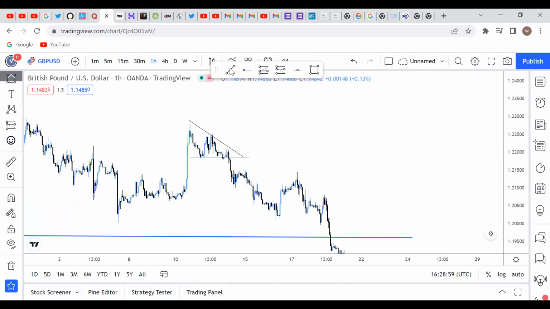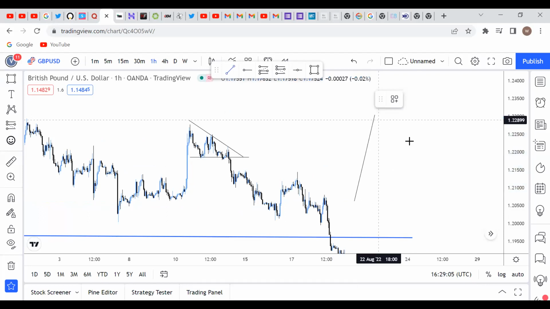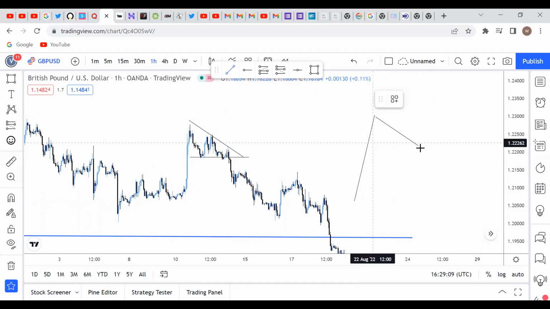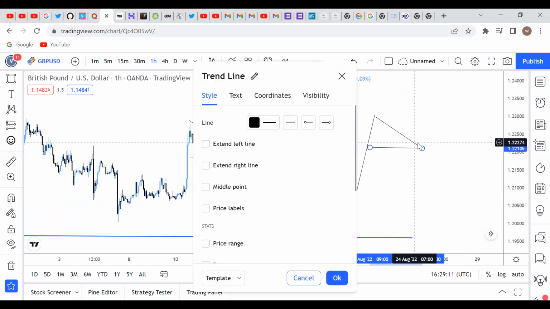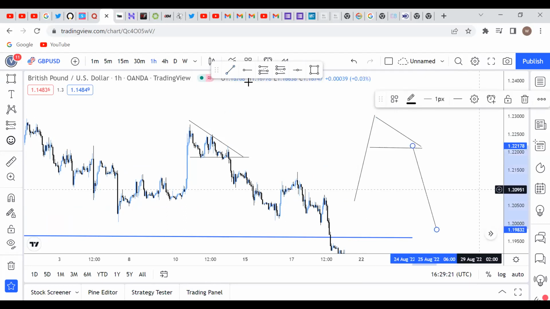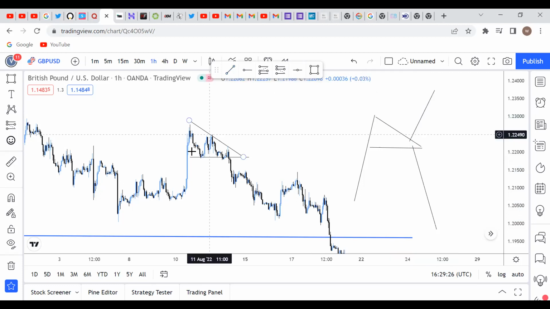A descending triangle comes in a case where the market impulses up, forms a price action like that, then makes that. In most cases, a descending triangle can either break down to do a reversal or break up to do a continuation. In this case, we had it breaking downwards.